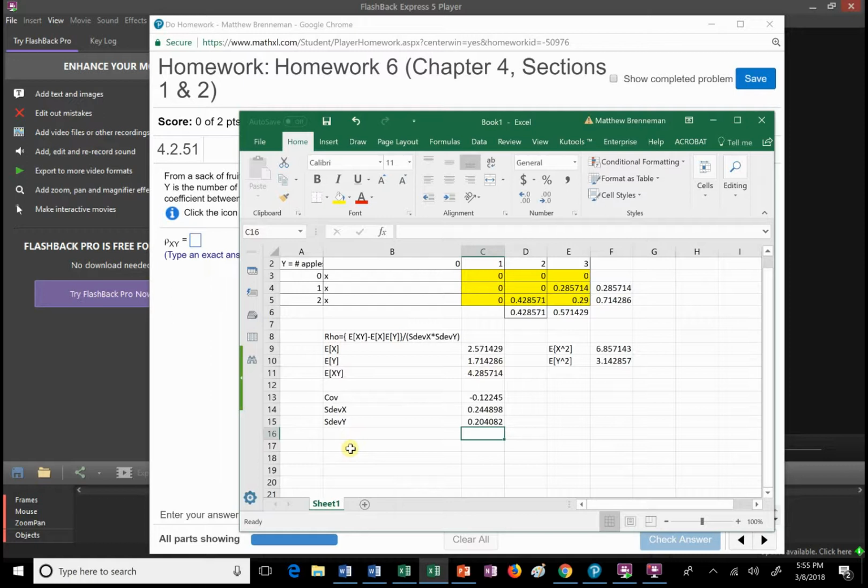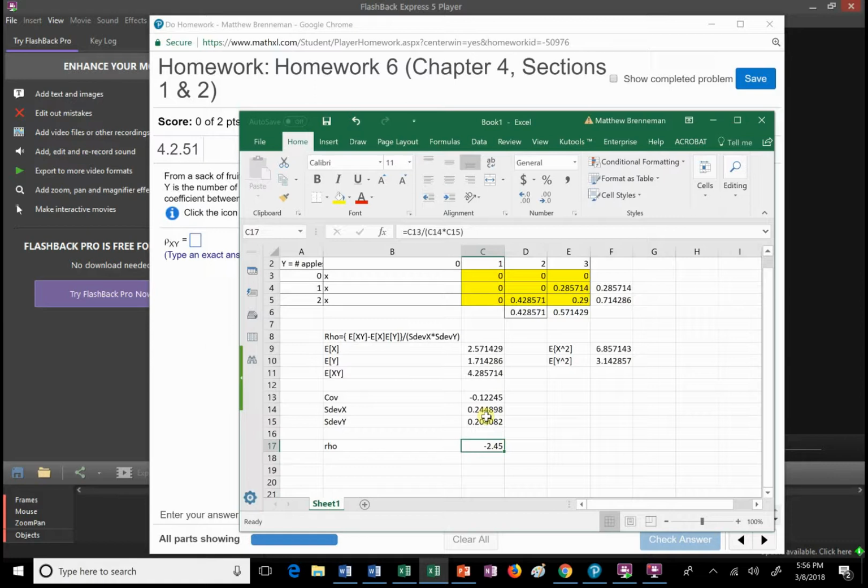And now I'm ready to calculate the correlation coefficient. It's just going to be equal to the covariance divided by the product of the standard deviations. Hold on.